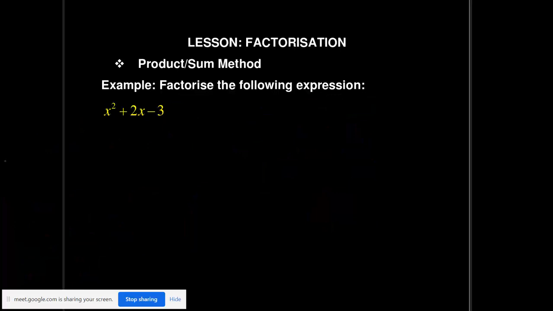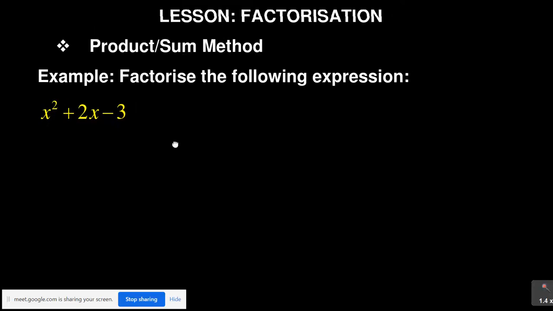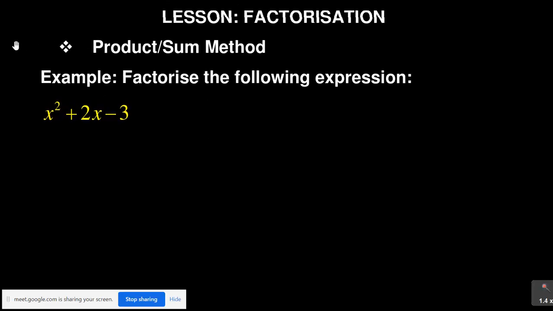So let us look at an example here. The question will come and say, factorize the following expression. When they want you to factorize, remember I said in an exam, you need to know what to do. If they give you 4 terms, you know that you have to group.